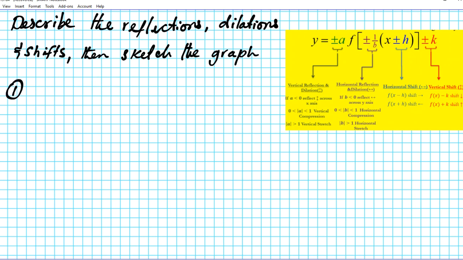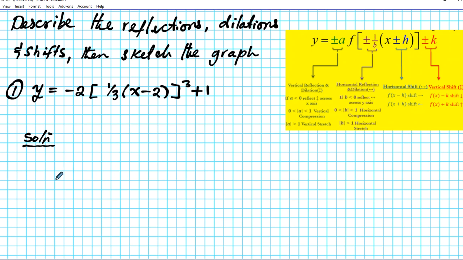Alright, for number 1, let's say we have the function y equals negative 2 times 1/3 x minus 2, raised to the third power, plus 1. So what we're going to do first is compare this function with the transformational form.